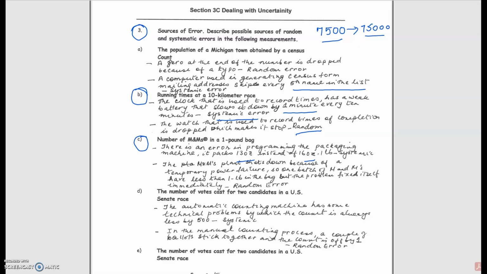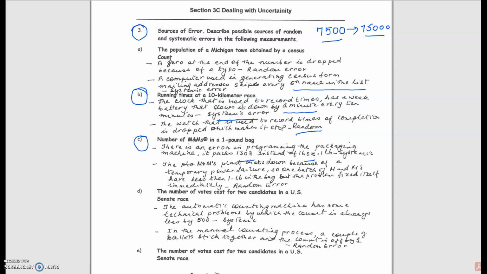Now, what would a random error look like? Let's say there was a massive power failure in the manufacturing facility where the M&M bags are being filled, and the one bag that was being filled at that moment probably will have a smaller quantity of M&Ms, and once the machine starts again, it's going to go through the system, and that one bag is going to have the wrong amount of M&Ms, the wrong weight of M&Ms.